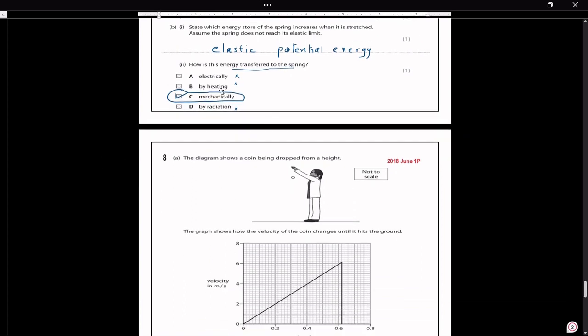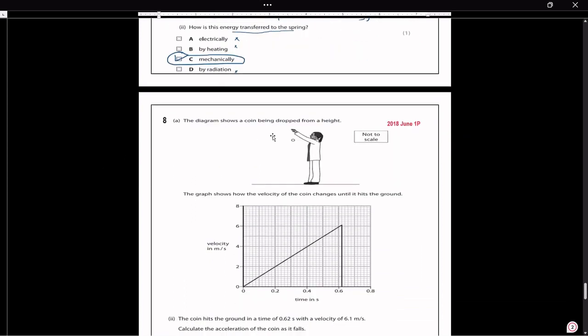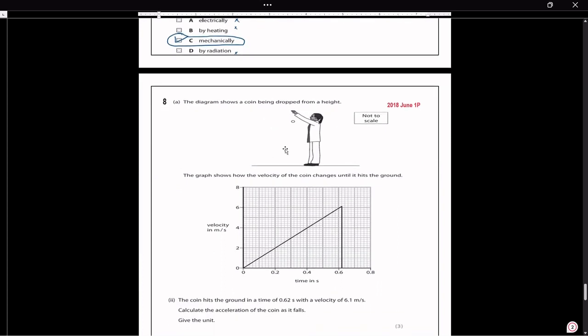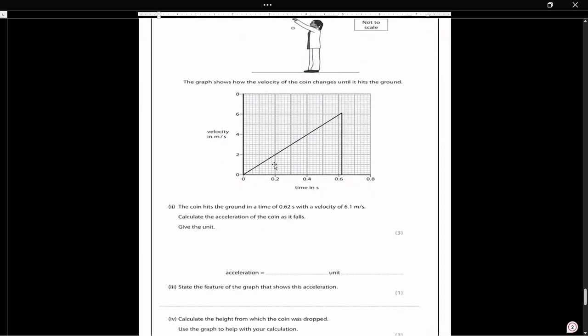We are coming to the next question. The diagram shows a coin being dropped from a height. There is a velocity time graph given. Calculate the acceleration of the coin as it falls and give the unit.